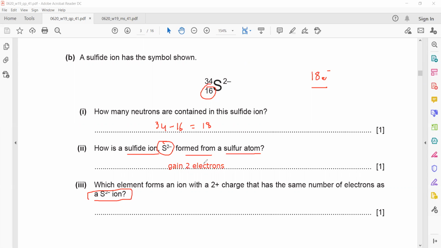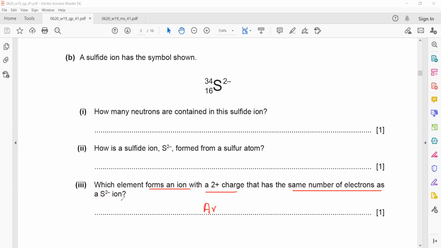So calcium: normally a calcium atom has 20, but because it loses 2 electrons, it will be 18. If we write argon, argon has 18 electrons, but argon does not have a charge. They're asking which element forms an ion with a 2 plus charge and has the same number as sulfide minus 2. If they ask for an atom, then argon would be the right answer.